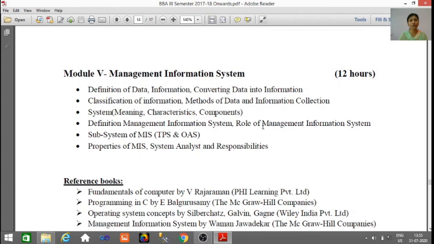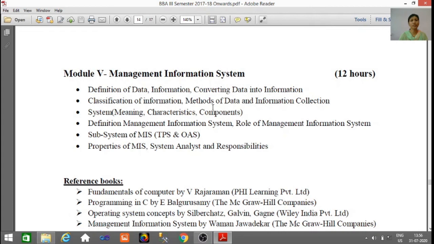Then what is the role of management information system. Then subsystems of MIS. These are the subsystems of MIS. TPS means transaction processing system, and OAS, office automation system. There are a few other systems we will learn in this concept. Then properties of MIS, system analyst and responsibilities of MIS, meaning we will see what the responsibilities of management information system are. We learn in this module.